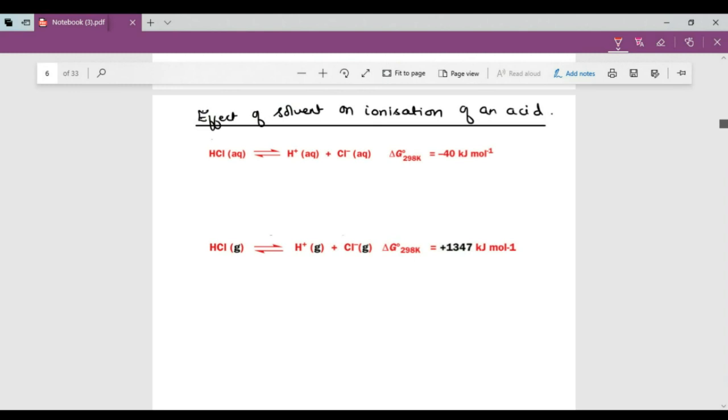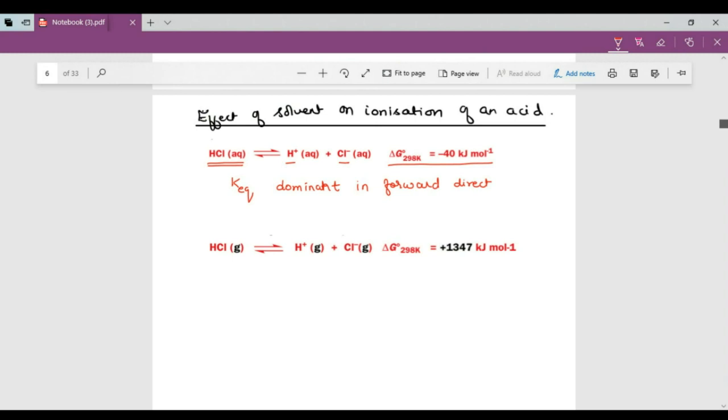If I take HCl under aqueous conditions, then for this particular equilibrium of ionization as an acid, with H plus and Cl minus being formed, delta G of reaction is found to be minus 40. If delta G of this reaction is found to be minus 40, then on solving, the K equilibrium is going to be dominant in the forward direction.